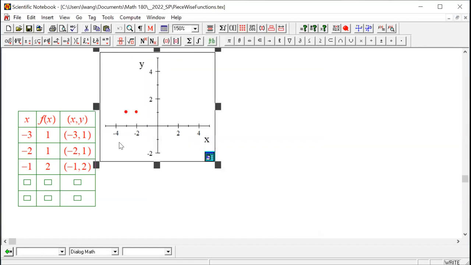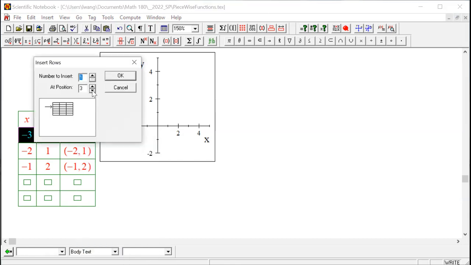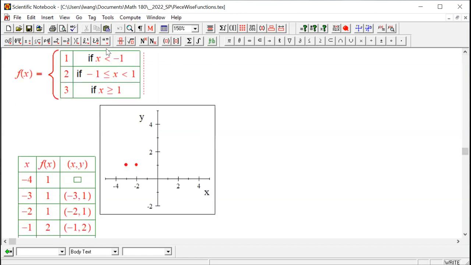So we get 2 points, right? If we keep going, say if I'm going to put more rows in there, if input is -4, the output is also 1 because the first condition, the first row, is satisfied. So I will have another point.